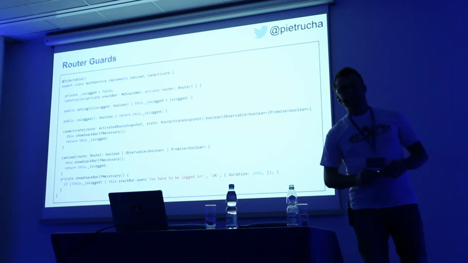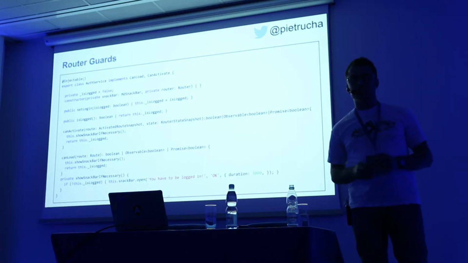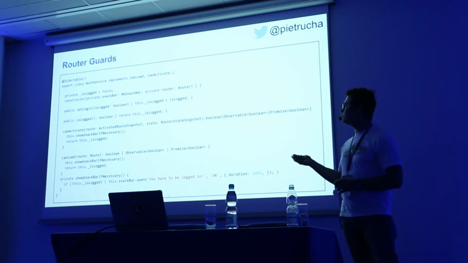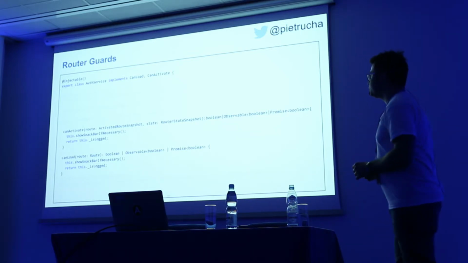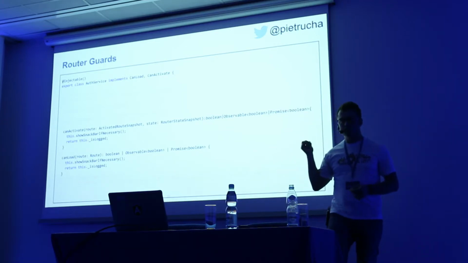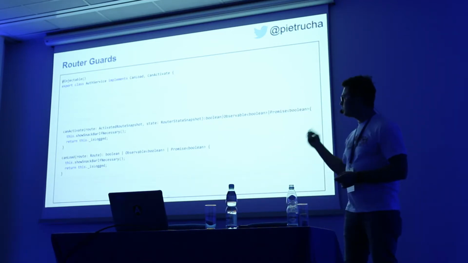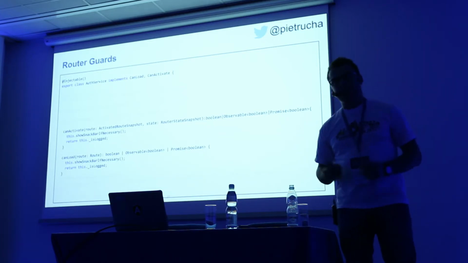So how to implement? In this case, we are using 2 interfaces, CanLoad and CanActivate. And in order to fulfill the contract standing behind these interfaces, we need to implement 2 methods. One is canActivate, and the second is canLoad, surprisingly.